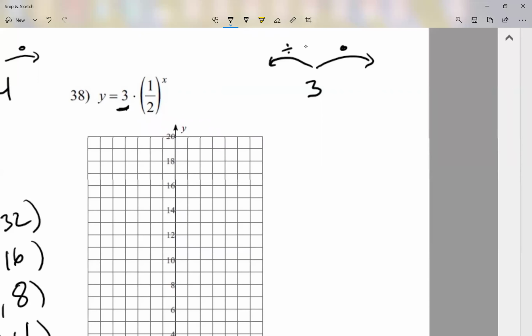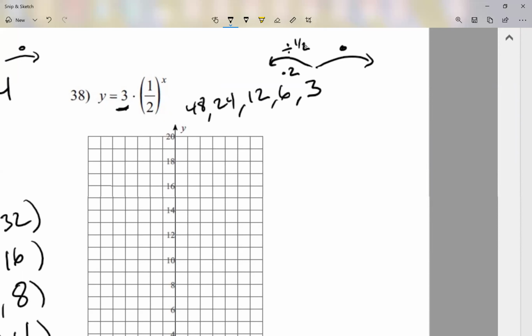I divide by 1/2, but we just said dividing by 1/2 is the same thing as multiplying by 2, right? Because I do the reciprocal. I flip my fraction. All right, so here my numbers are going to be 6, 12, 24, 48.